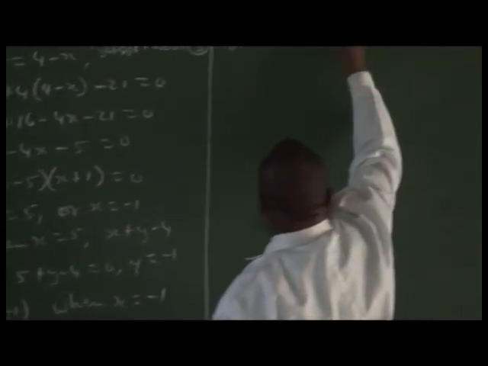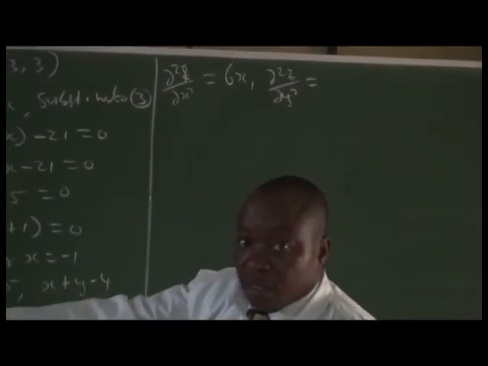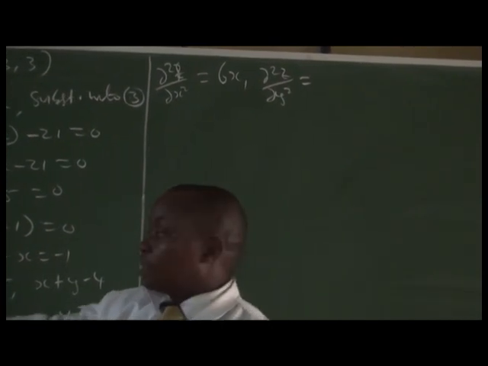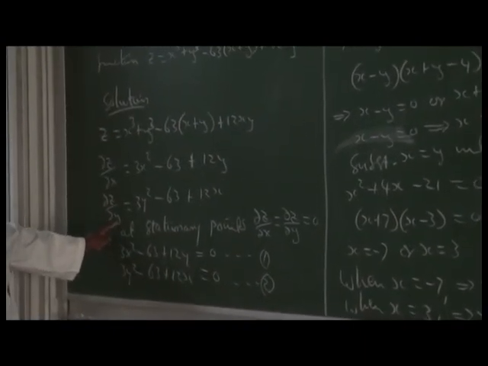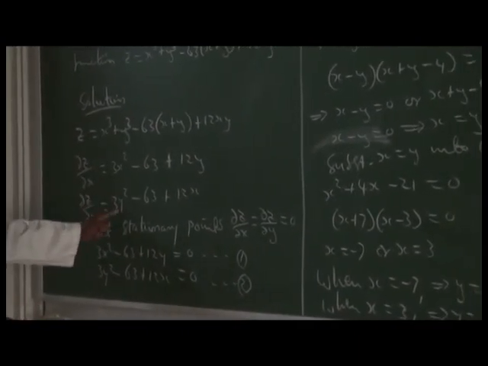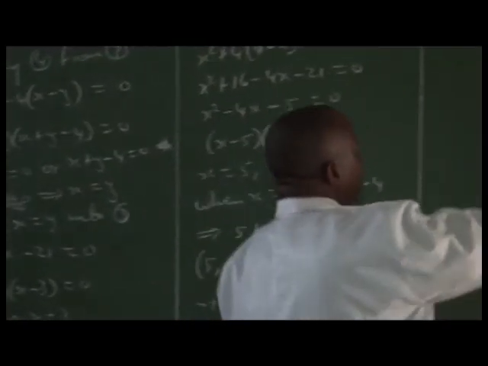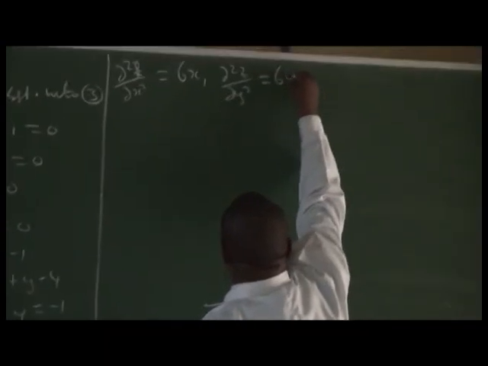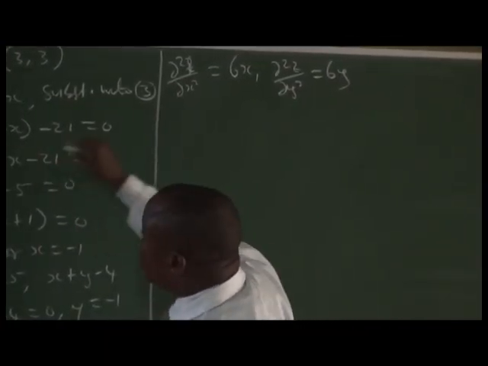Then the second partial derivative of z with respect to y squared. You see that? It's only here we find y, so that will give us 6y.